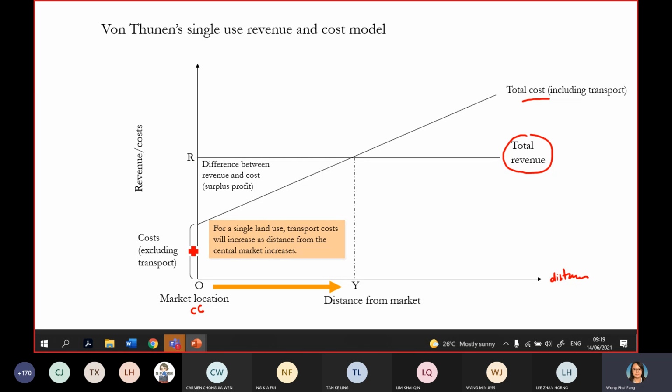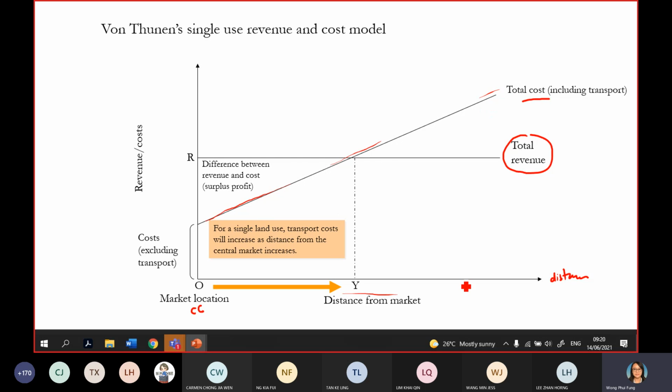Then your y-axis is the revenue and cost relationship. You can see that your total cost increases when the distance gets further away from the city center. Transportation cost increases, can you see that?